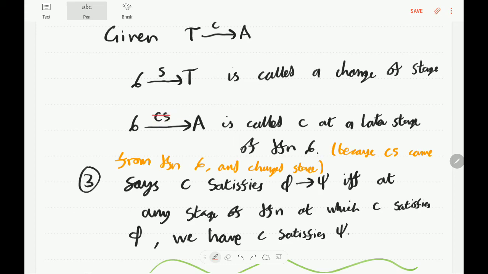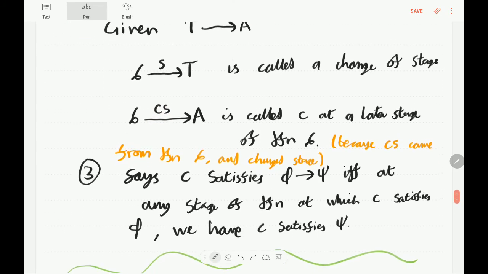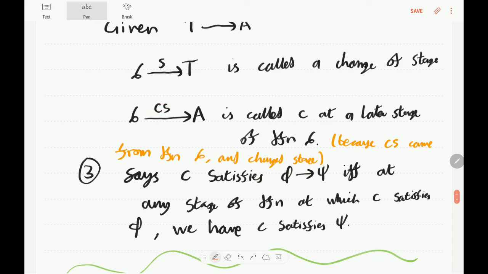So we can think about this S coming out of this stage of definition zeta. But then later on we do C, so we get C at a later stage of definition zeta.